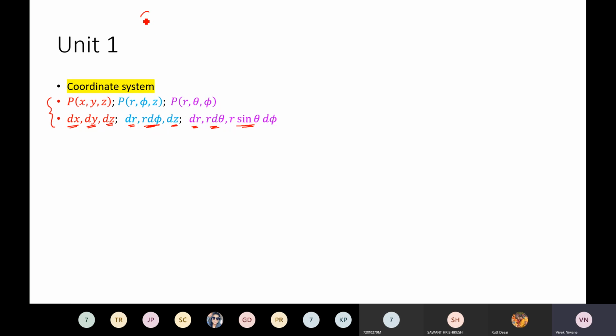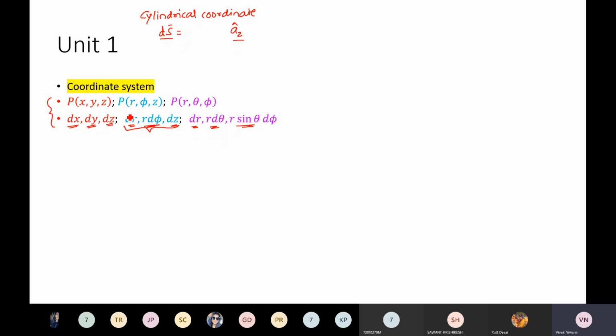If in case of cylindrical coordinate system, I say that I want an expression of differential surface area which has az as a normal component. So in this group of expressions, where we have dr, then r d phi and dz, we want a differential surface area with az component as a direction.